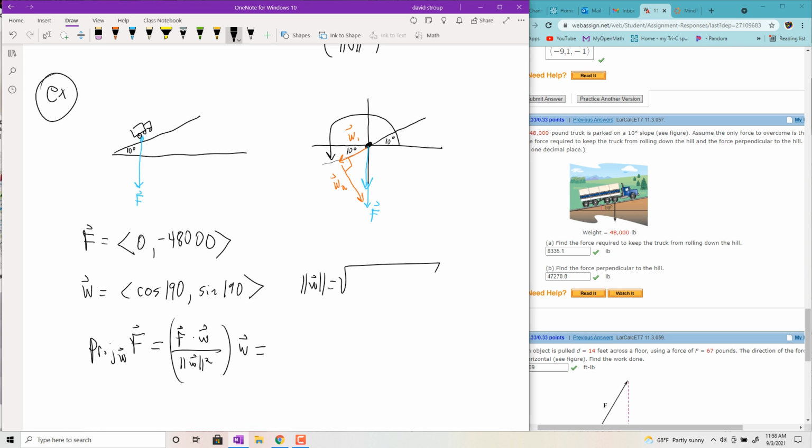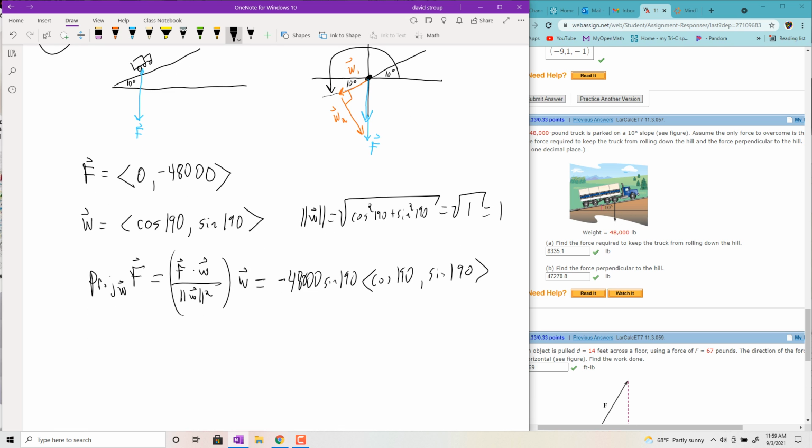Because you get the square root of cosine squared something plus sine squared something, which would equal 1, from our Pythagorean identities. So that thing in the denominator is just 1. So all I have to do is get the dot product. That will be 0 times cosine 190 is 0, and then negative 48,000 sine 190 times our vector for W, which is cosine 190, sine 190.